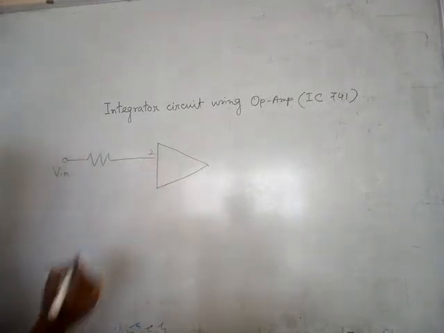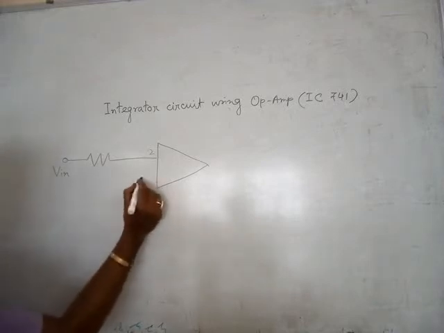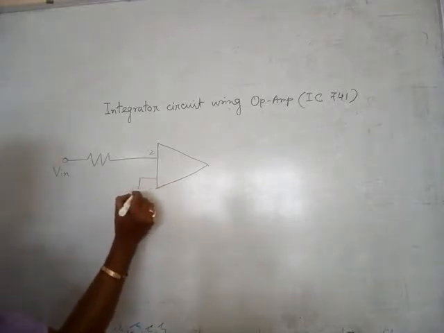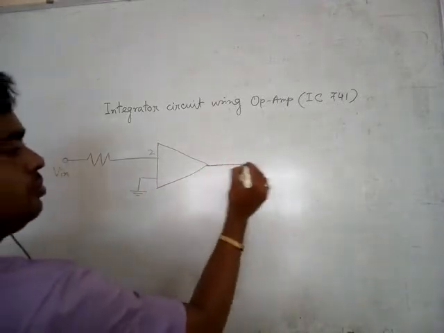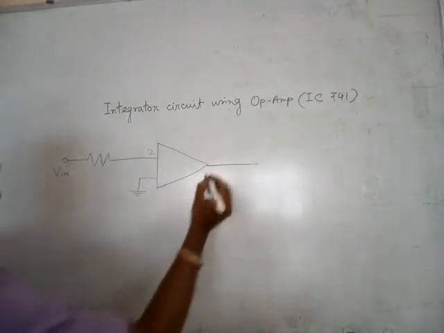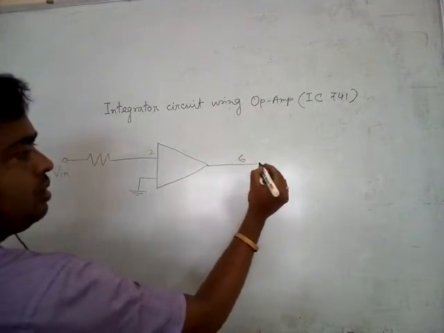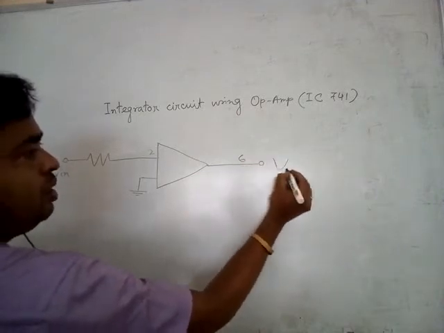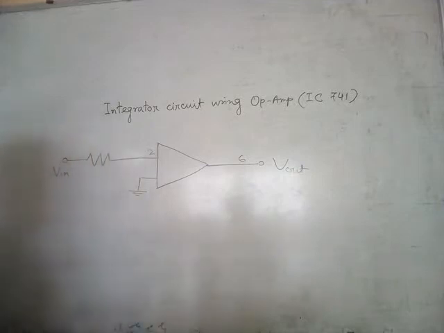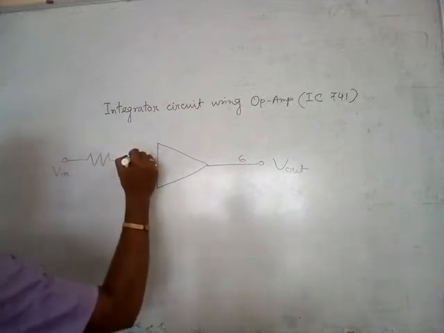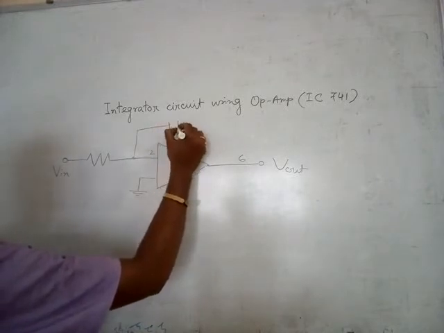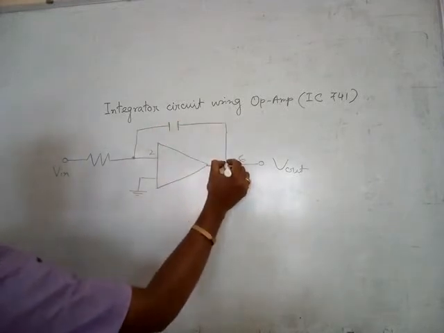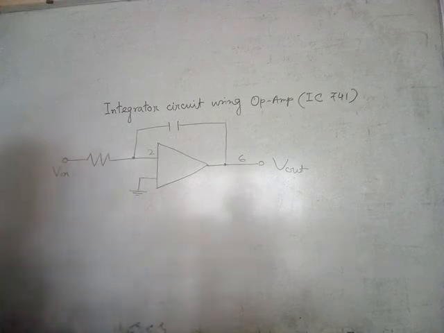Pin number 2, pin number 3 for ground, and pin number 6 is the output, V out. Then a capacitor, non-polarized.